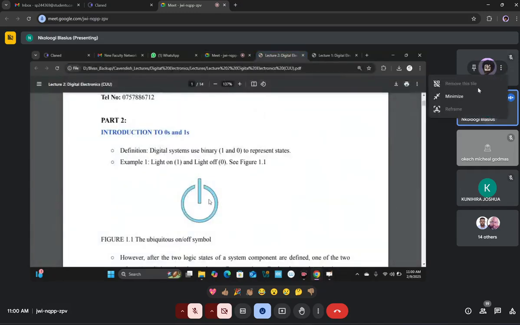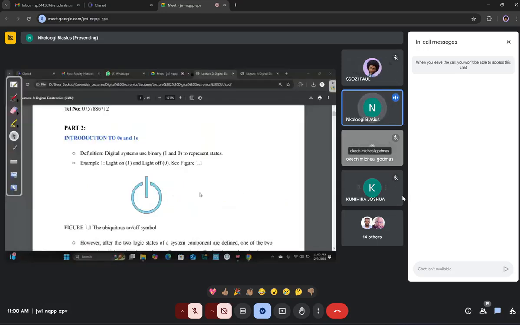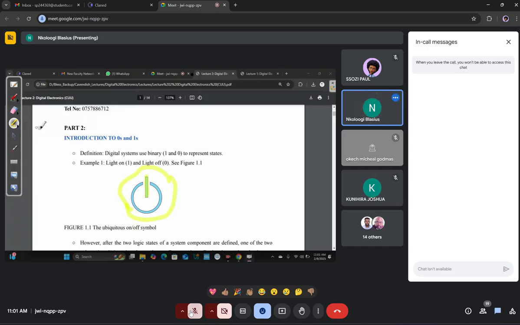So you all have laptops, or you have seen such a symbol on your power buttons. I mean this symbol here. Have you seen this symbol before? Aha. So it has two things. It has a one, but it also has a zero in its representation. This means that when you press this button, either the device is going to go on or off.